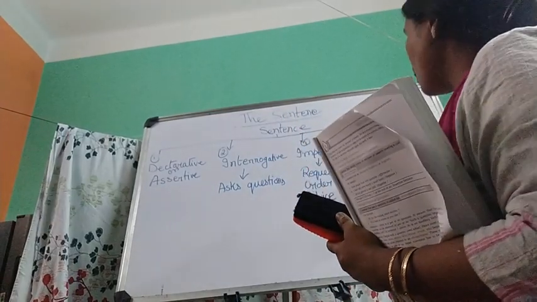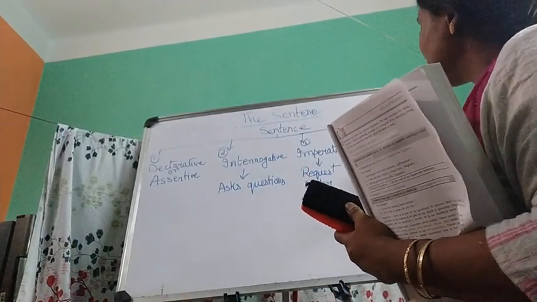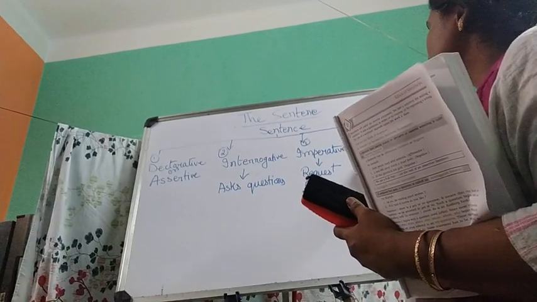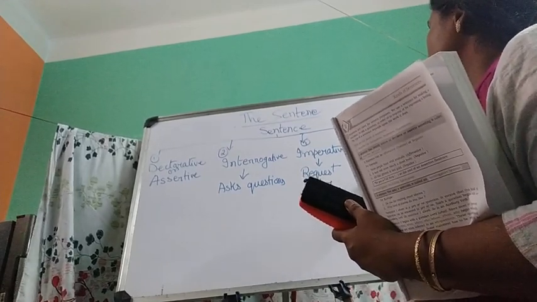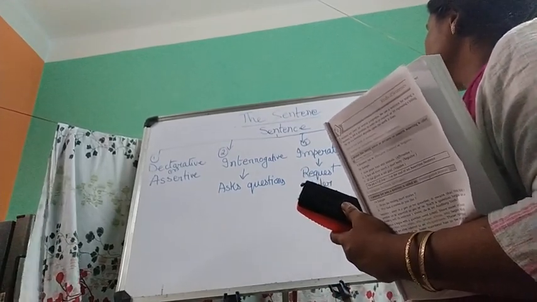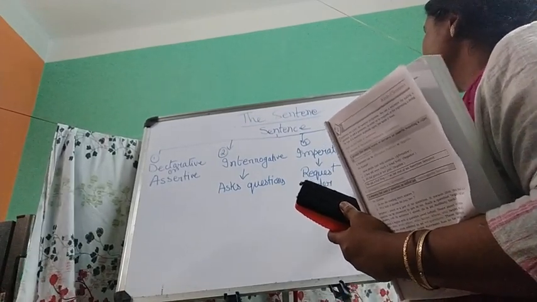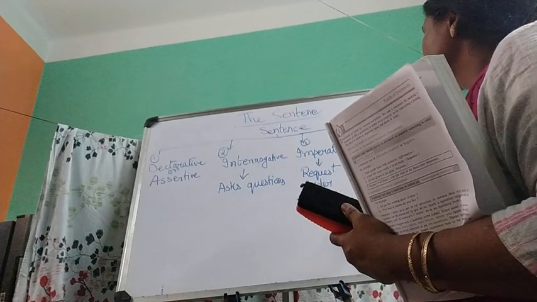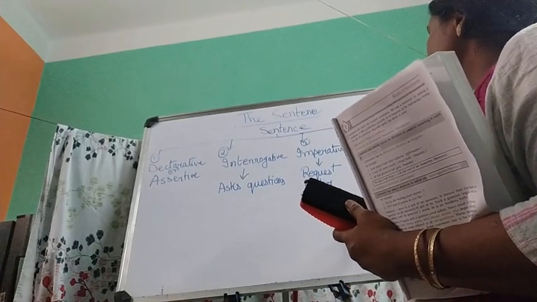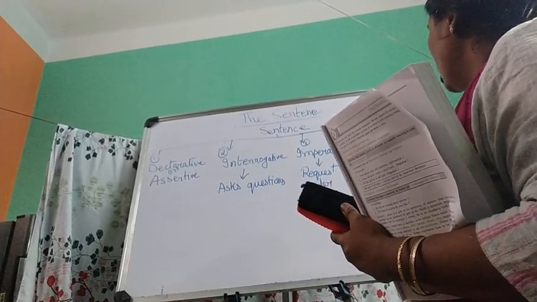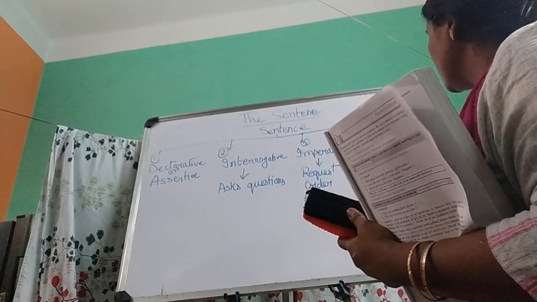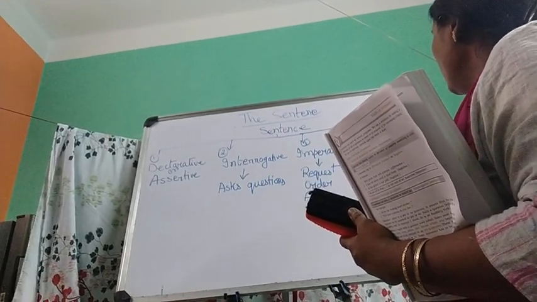Exclamatory sentence. Now what are the exclamatory sentences? They express the sudden feeling of mind. And optative sentence, wish or prayer.